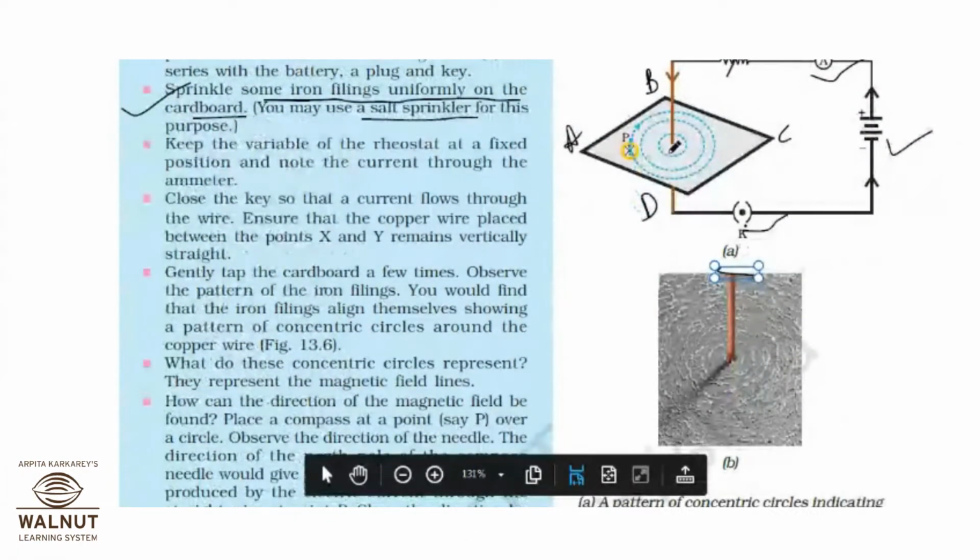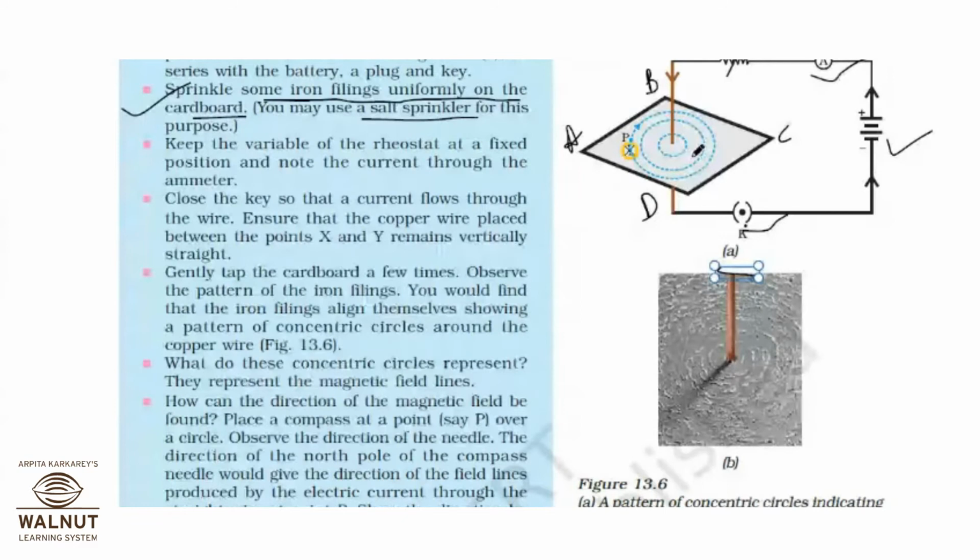Now when current is flowing, obviously magnetic effect will be generated. This we have been learning right from lecture number 1 for this chapter, that whenever a current flows through a wire, it generates a magnetic field, it generates a magnetic effect. So in this case also, current is flowing through a straight copper wire, it will generate a magnetic field. So what can you comment about the pattern, how the pattern looks like for the magnetic field?